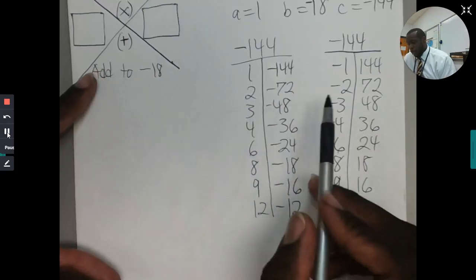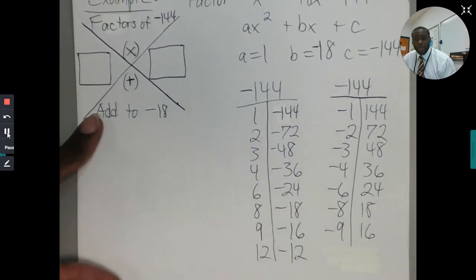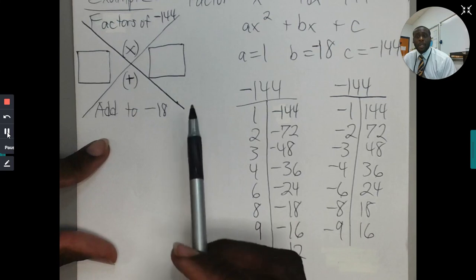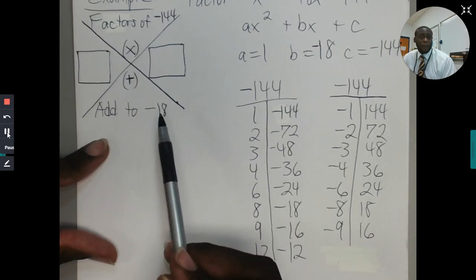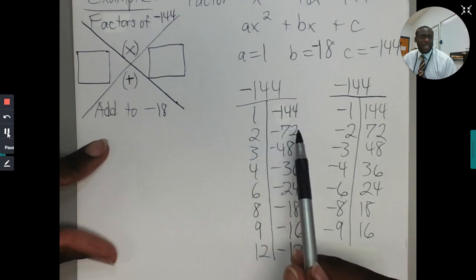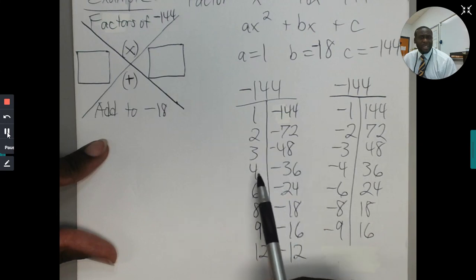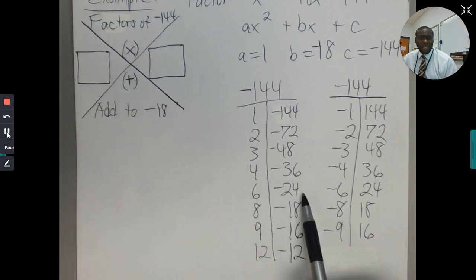One of these pairs for the factors of negative 144 is going to add to negative 18. The difference between these is negative 143, negative 70, negative 45, negative 32, and here negative 18.